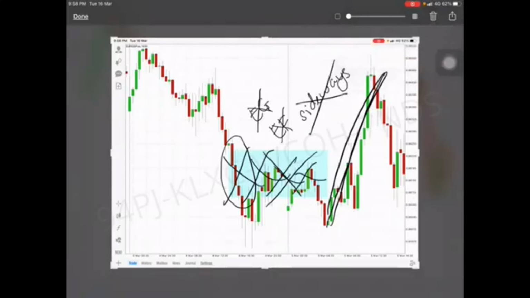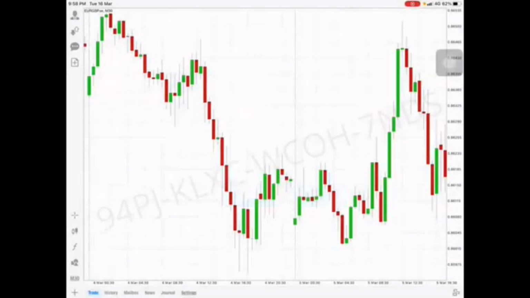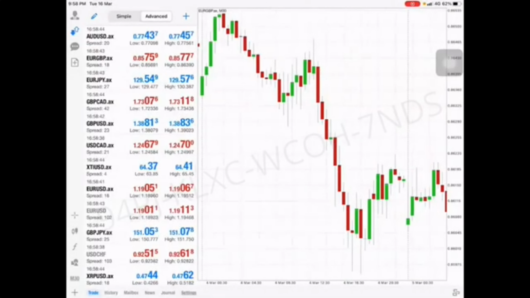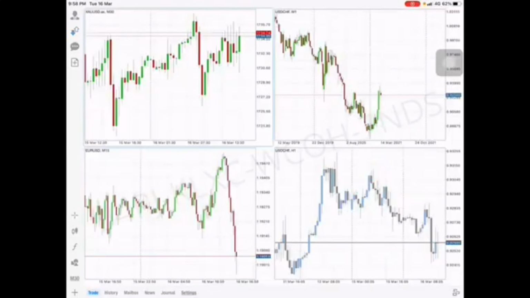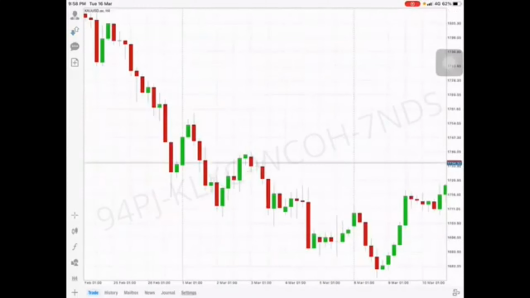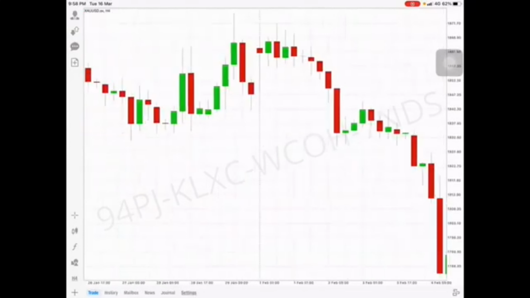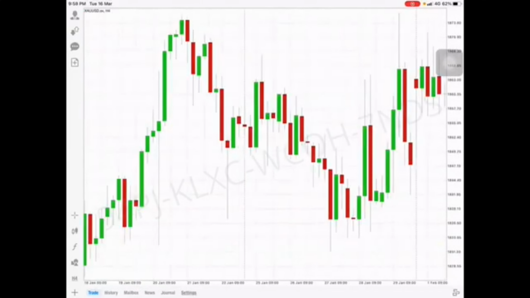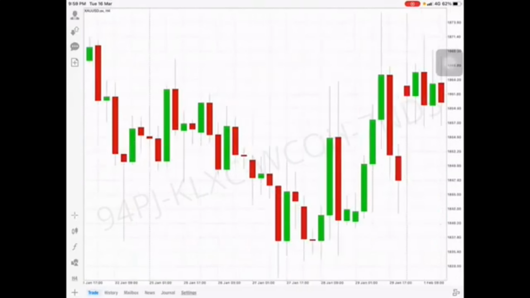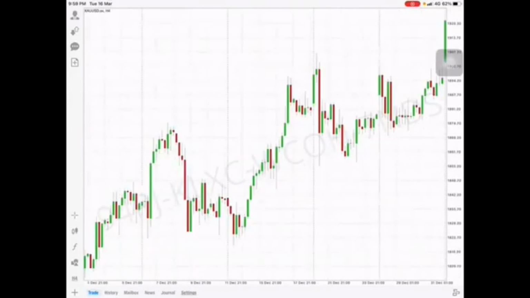Okay, so let's find one that I can show you as an example. I'm going to use the gold chart because I'm used to gold. It's easier for me to show you examples. Let me try to find one. I'm going to go to H1.